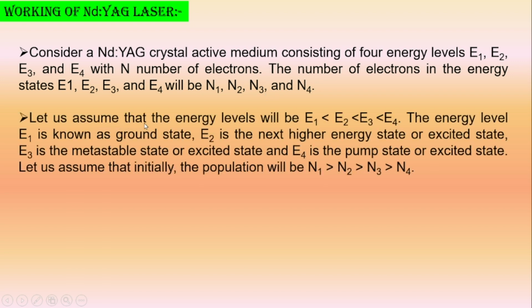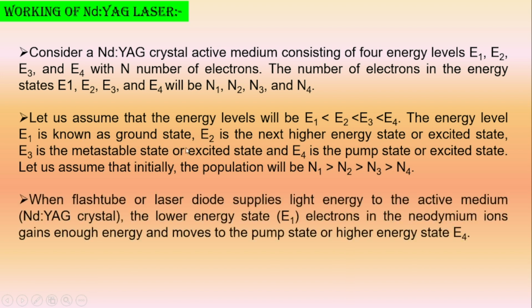Let us assume that the energy levels are E1 < E2 < E3 < E4. The energy level E1 is known as the ground state, E2 is the next higher energy level or excited state, E3 is the metastable state, and E4 is the pump state, also called an excited state.